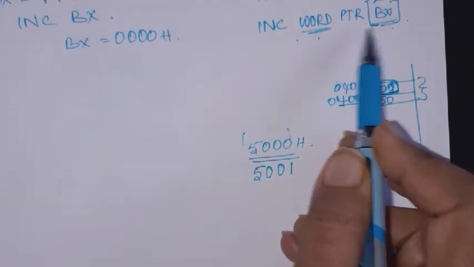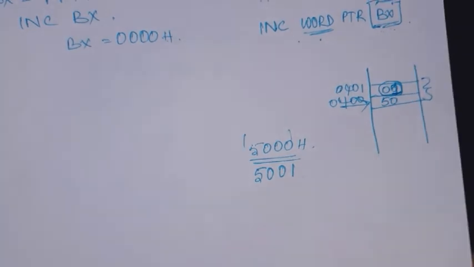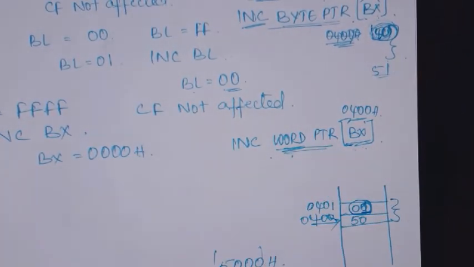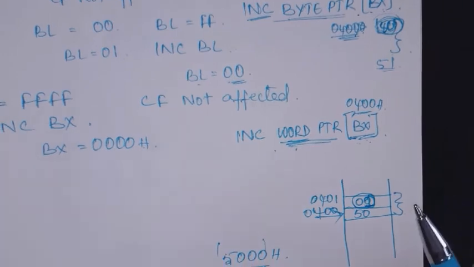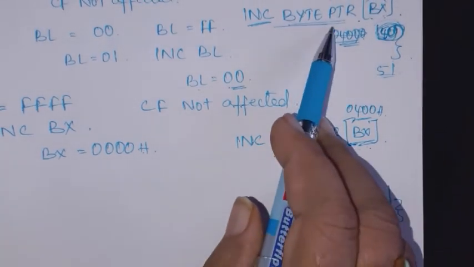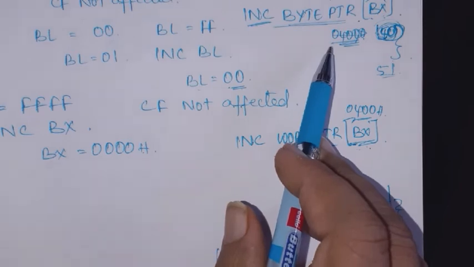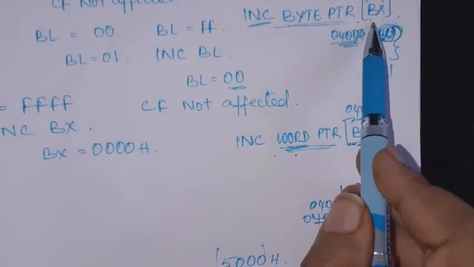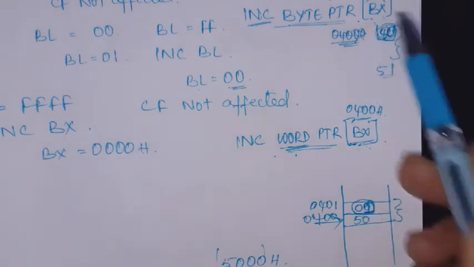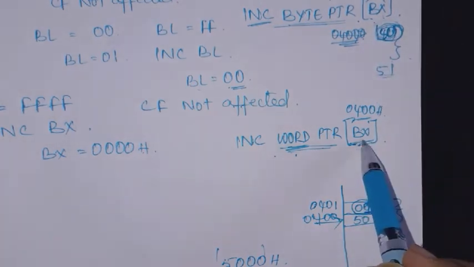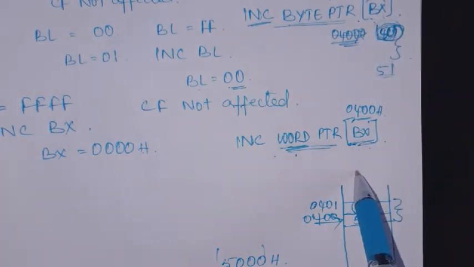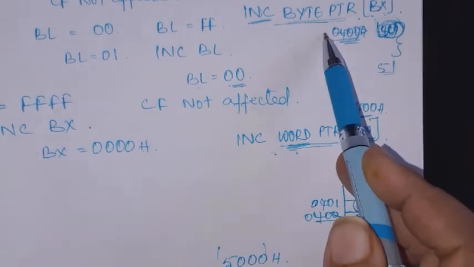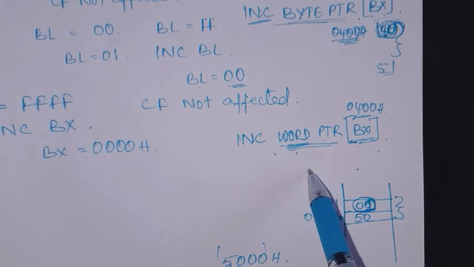Increment word pointer BX. See here, byte pointer and word pointer are the assembler directives to indicate to the assembler whether it is a word pointer or byte pointer. That means the increment operation should be performed on the byte present in the memory location or the word present in the memory location. You have to specify in the instruction whether it is a byte pointer or word pointer.